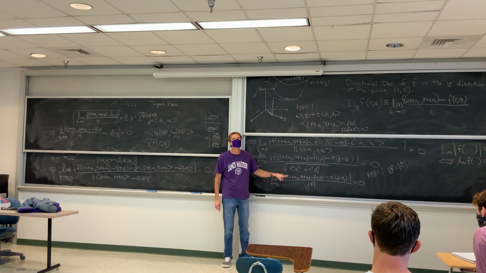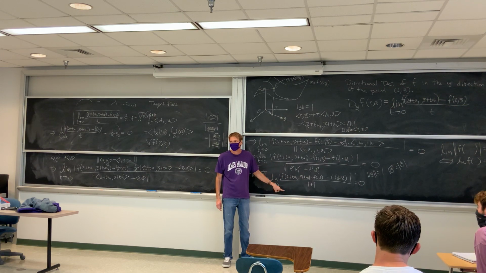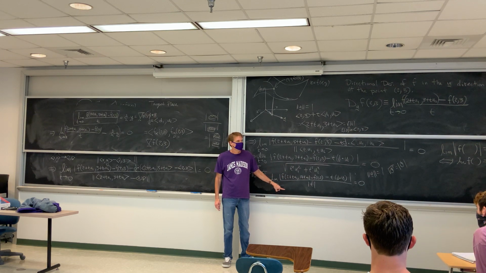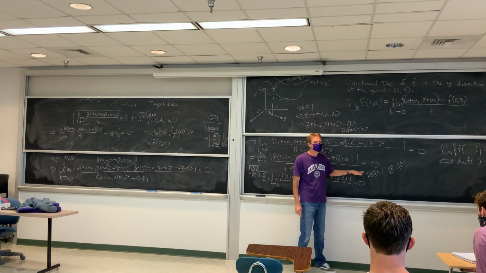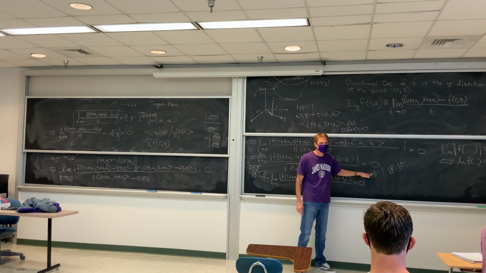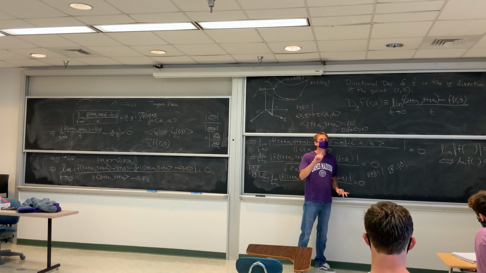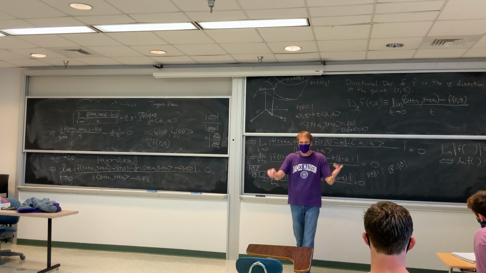If you're not using the fact that the norm of u is 1, you've got to divide by the norm of that vector. But that's not the way they write the definition. So it's vital that the norm of u is 1.